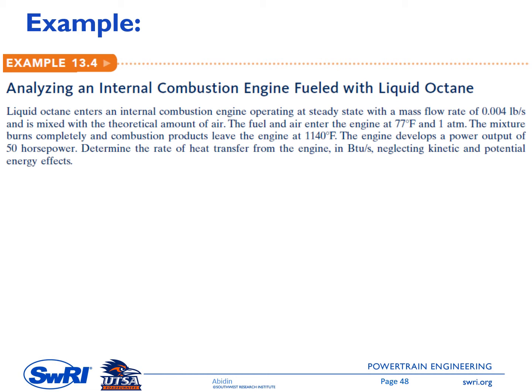The mixture burns completely and combustion products leave the engine at 1140 degrees Fahrenheit. The engine develops a power output of 50 horsepower. The question is, determine the rate of heat transfer from the engine in BTU per second, and neglect the kinetic and potential energy effects. Okay, let's take a look at the solution of this problem.